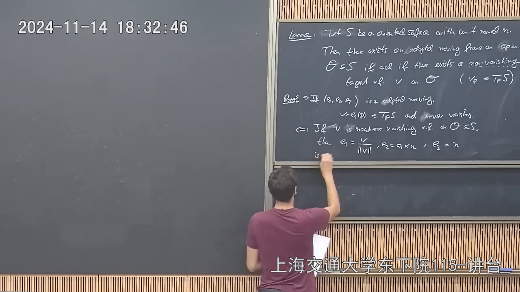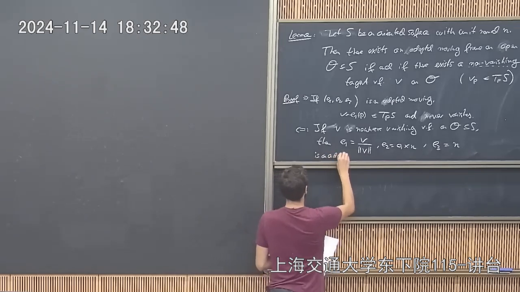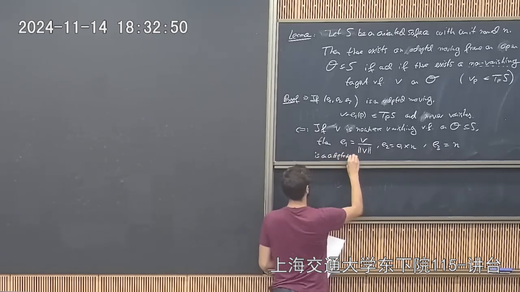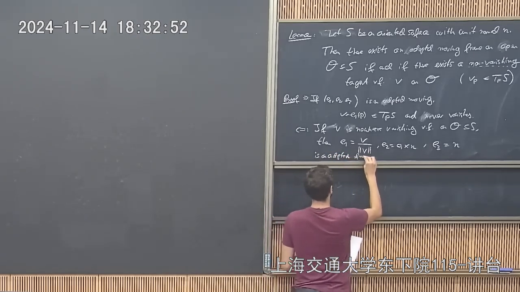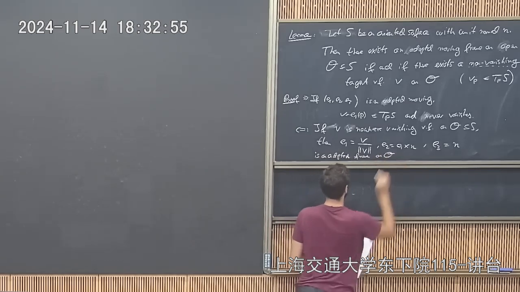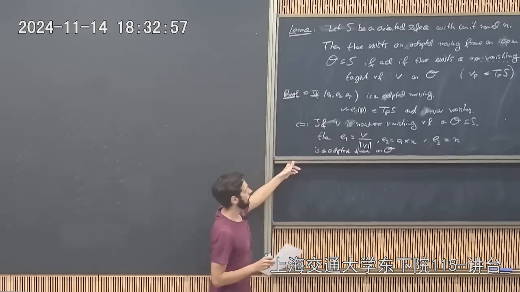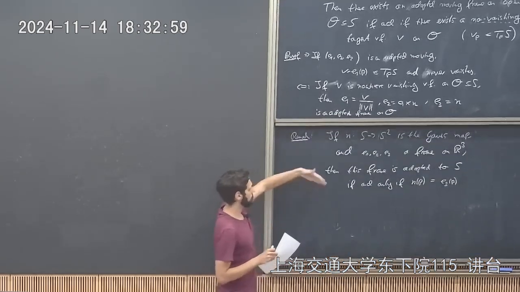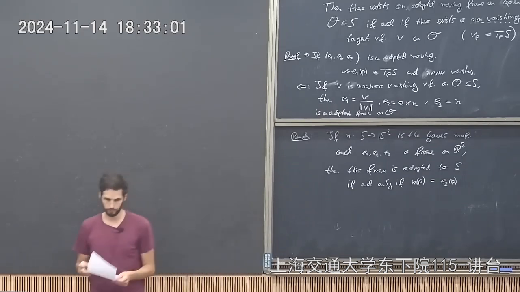So this is an adapted frame, which is defined at least on U. And then you could, for example, extend that a little bit on the surface if you want to.